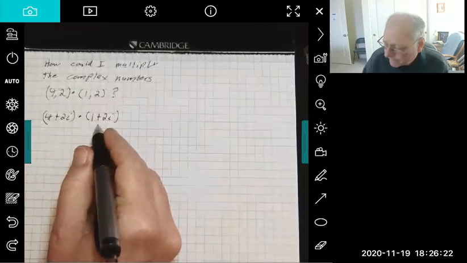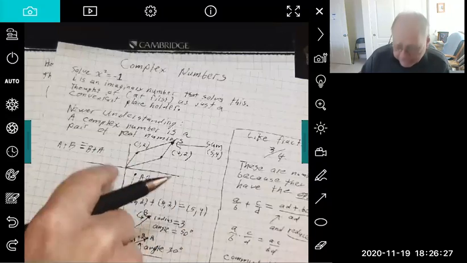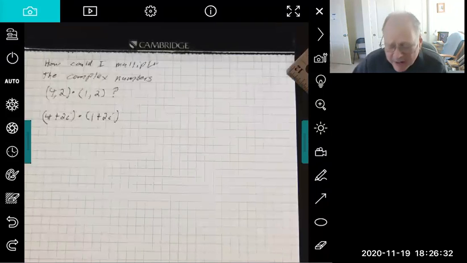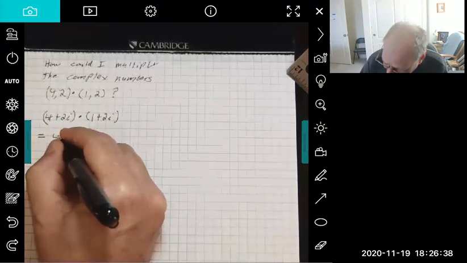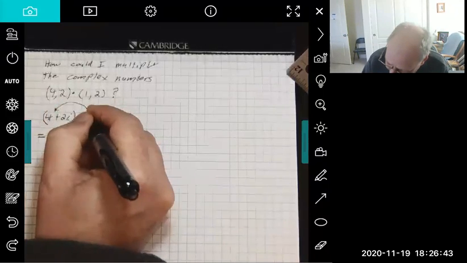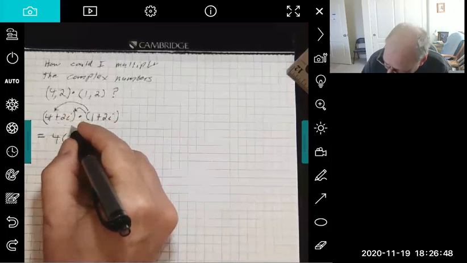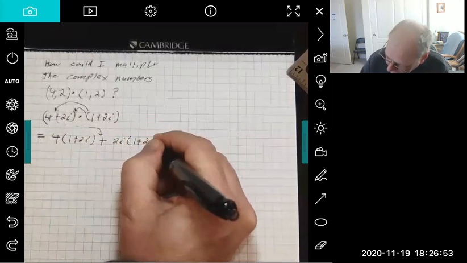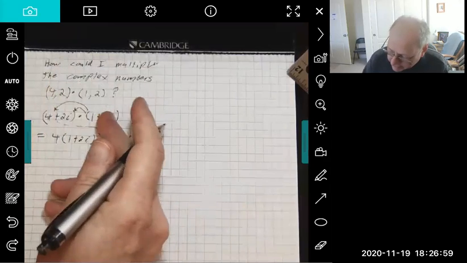So I'm doing this. But because of the geometry of it, you've got the associative, commutative, distributive, you've got all those properties. So I can do my usual distributive property here. This plus comes down here. So I just took the 1+2i times the 4 plus the 1+2i times the 2i.